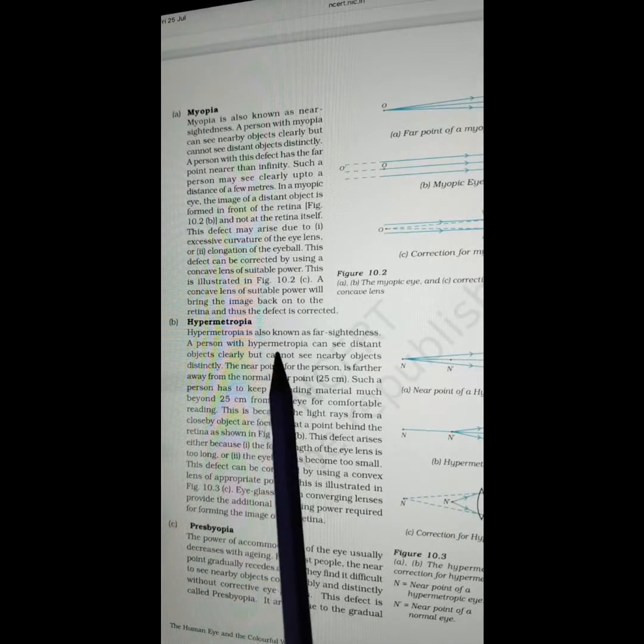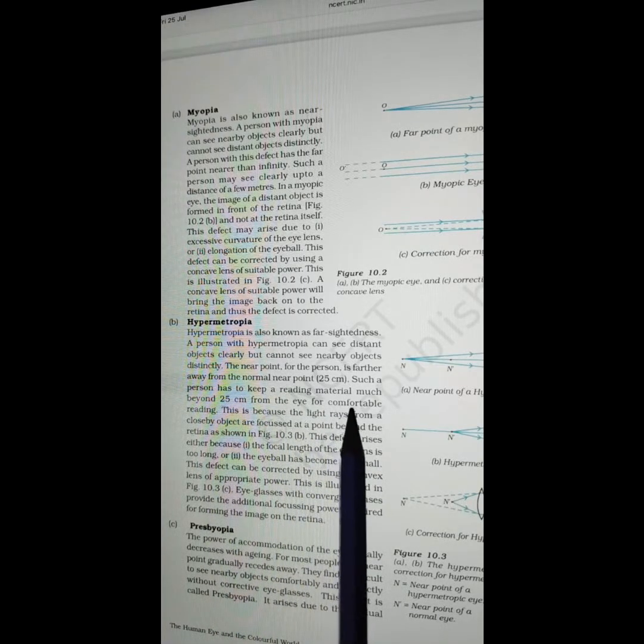Hypermetropia. Hypermetropia is also known as farsightedness. A person with hypermetropia can see distant objects clearly but cannot see nearby objects distinctly. The near point for the person is far away from the normal near point, 25 centimeter. Such a person has to keep a reading material much beyond 25 centimeter from the eye for comfortable reading.